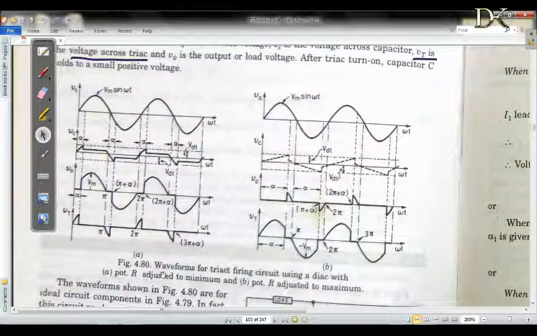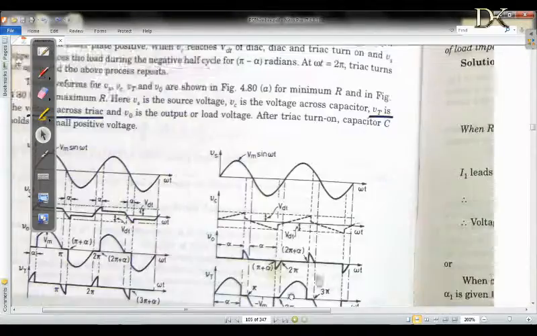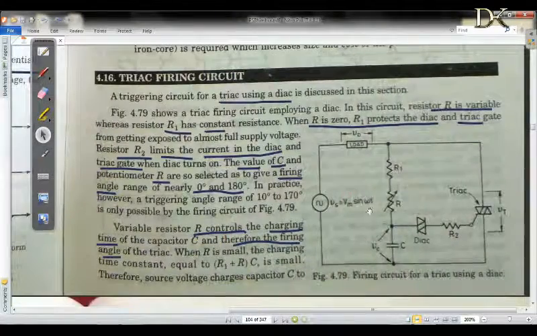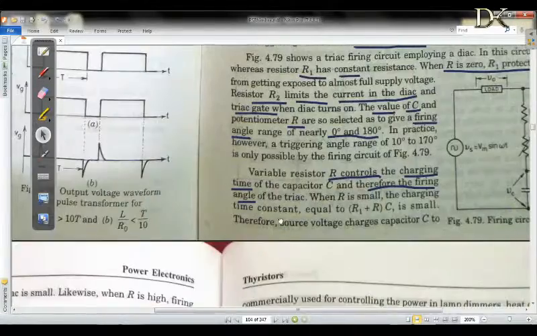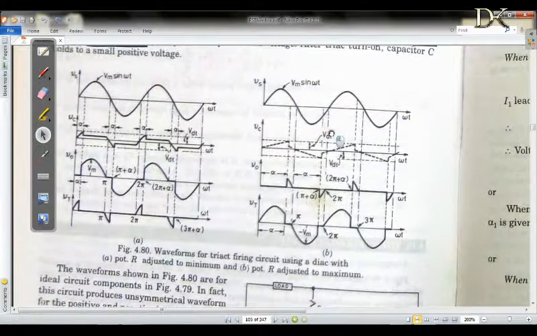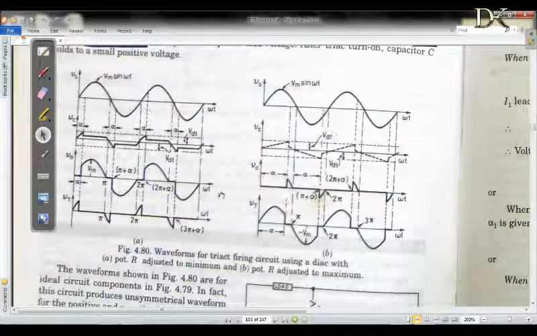These are the two conditions when your potentiometer R is adjusted to minimum and when R is adjusted to maximum. When R is small, which is the deciding factor for the time constant of the circuit, your output voltage is quite large as compared to when R is maximum.